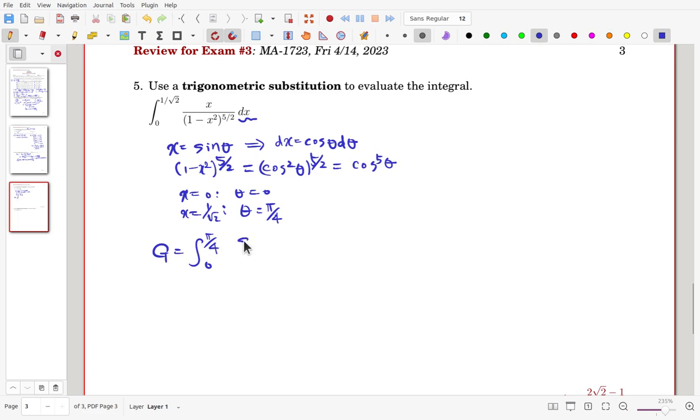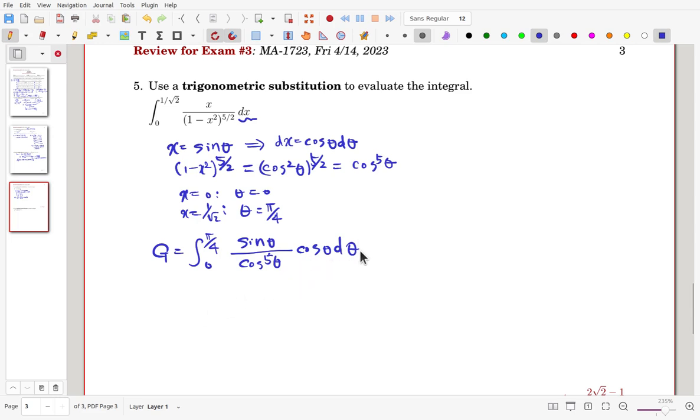X is sine theta, the bottom must be cosine to the fifth power of theta, and dx is the same as cosine theta d theta, right? So along with it, one cosine cancelled, and the bottom is now cosine fourth power.